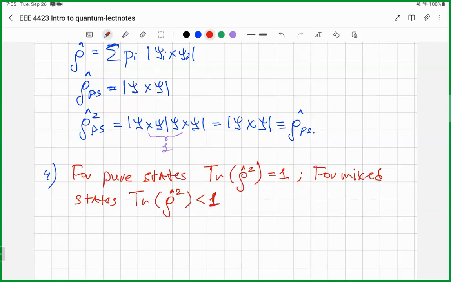So when it's equal to 1, the quantum system is in a pure state, and we can use the psi vector to describe the system. But if it is less than 1, then we have to use the density operator description.